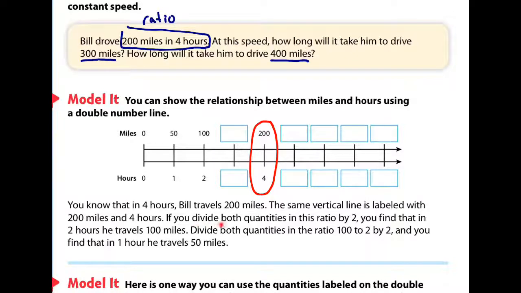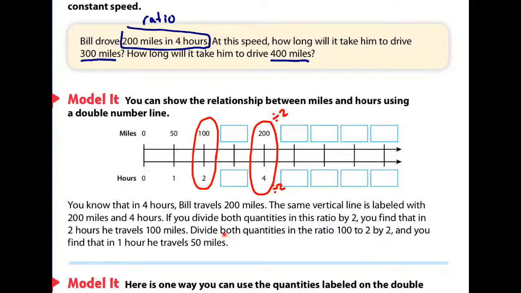Okay, if you divide both quantities in this ratio by 2, you find that in 2 hours he travels 100 miles. So let me explain that. They are saying if you divide both of these quantities by 2, you'll figure out that in 2 hours he'll go 100 miles. So that gets you the second ratio. And then I'll continue here.